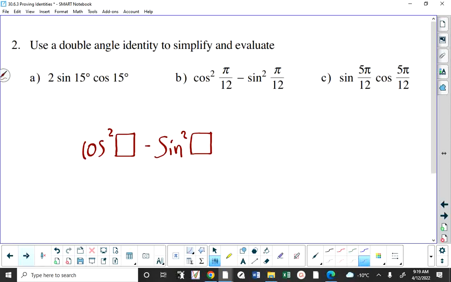The argument is the thing you're operating on in mathematics. So root 12 has an argument of 12. 7 squared has an argument of 7. Cosine squared of pi over 12 has an argument of pi over 12. But forgetting about the specifics of the argument, cos squared of the argument minus sine squared of the argument is equal to cosine of 2 times the argument.